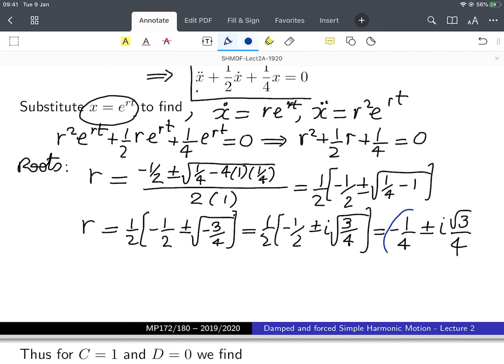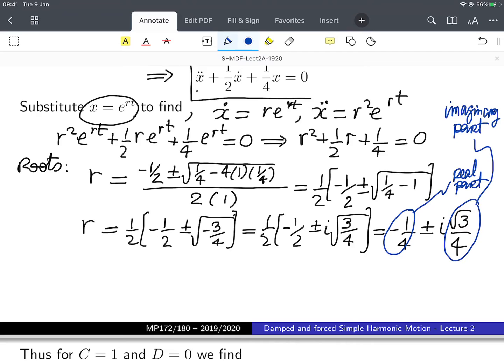The real part is minus a quarter. The imaginary part is plus or minus square root of 3 over 4.